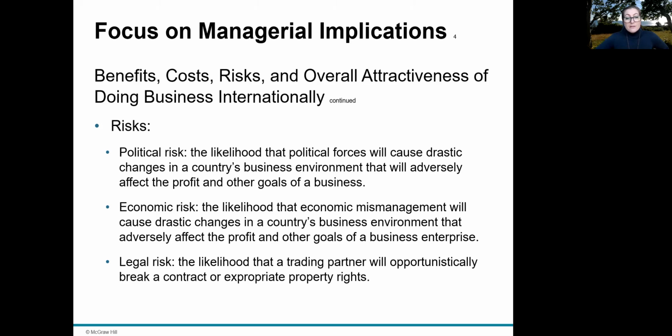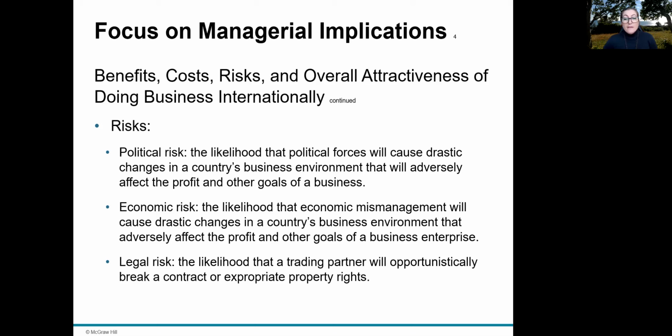So political risk is about the likelihood that the political forces will cause drastic changes in a country's business environment that will adversely affect the profit and other organisational goals. So, what's the political risk in this country? As well as political risk, what's the economic risk?